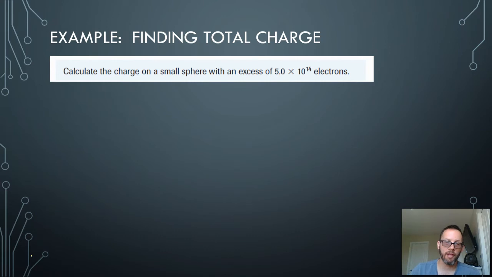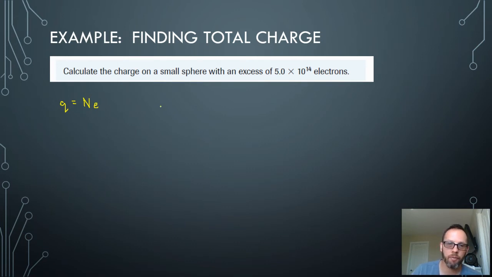So we're just going to do a couple of examples, just getting used to this fundamental charge. So let's say we have a small sphere with an extra 5 times 10 to the 14 electrons. Well, what's the charge? So we can do that. The charge, Q, is always an integer multiple of the fundamental charge.